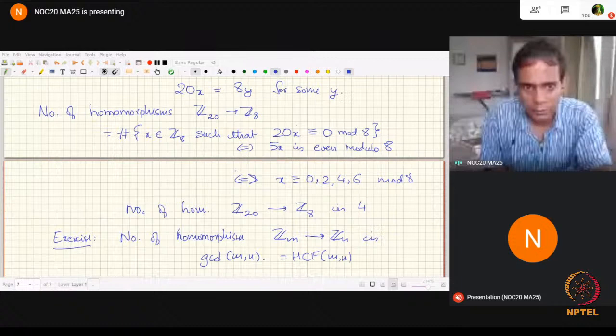Okay, so let's see. Indrajit Devnath has a question. Can you please explain why the stabilizer of 1 in D4, in the graph gamma. So let me see if I understand this question.